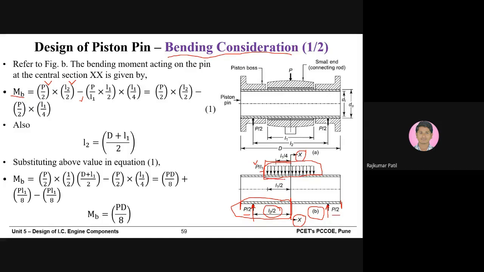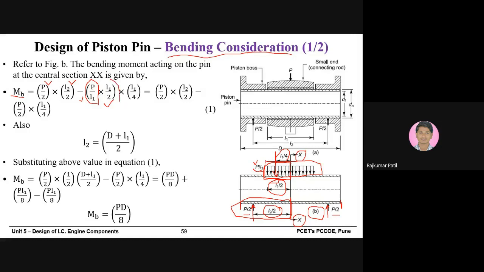We need to consider only the left portion from the axis, and that is P by L1 as the force. It is distributed over this particular length only, and this length is L1 by 2. So P by L1 into L1 by 2, multiplied by the perpendicular distance, because we assume that this is a point load acting at L1 by 4.